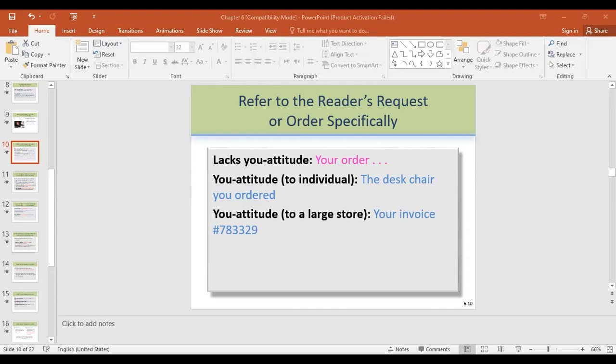So I'm gonna say your invoice 783329, for example. So from these three cases, we can recognize what you have to say if your reader is an individual, and what you have to say if your reader is a large store, and what makes you sound negative when you say your order, blah, blah, blah. So you have to focus on which words you use when you are talking with your readers.